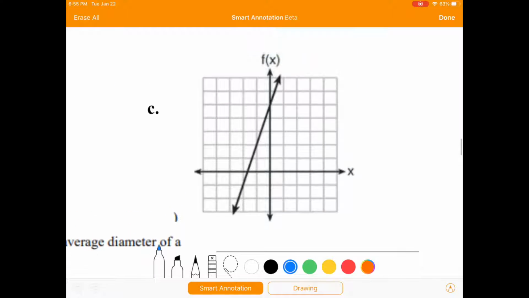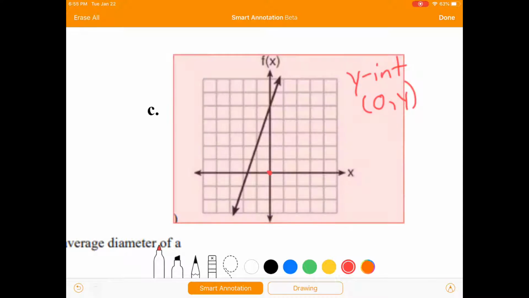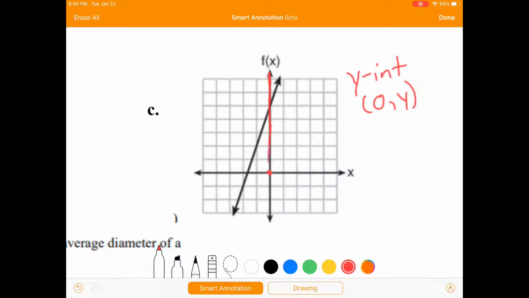And our C. Our C takes it back to what we've been used to. Again, the y-intercept is where our x value is 0 and our y value is going to be a value. So starting at the origin, looking at our y-axis, which is always our vertical axis, where does the line cross this axis? Hopefully you can identify that it's right here.